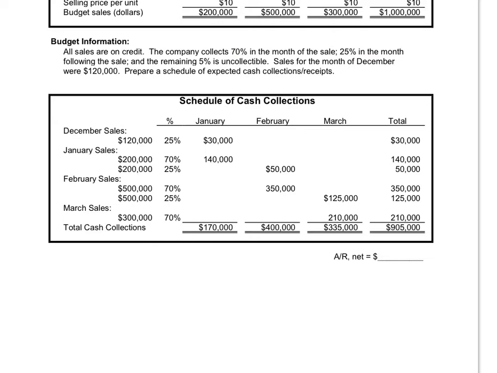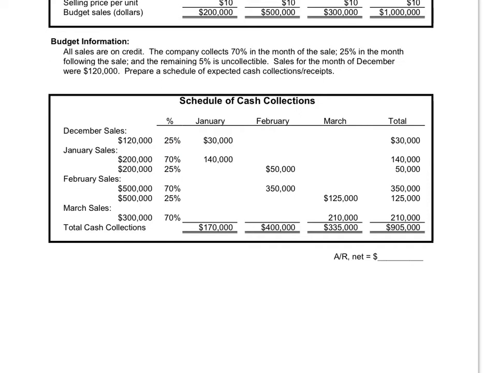So we're going to start with December sales, which were 120,000. If we collected 70% in December, then that means we're going to be collecting 25% in January. So 25% times 120,000 is 30,000 is what we're going to collect in January. Then the January sales were 200,000.